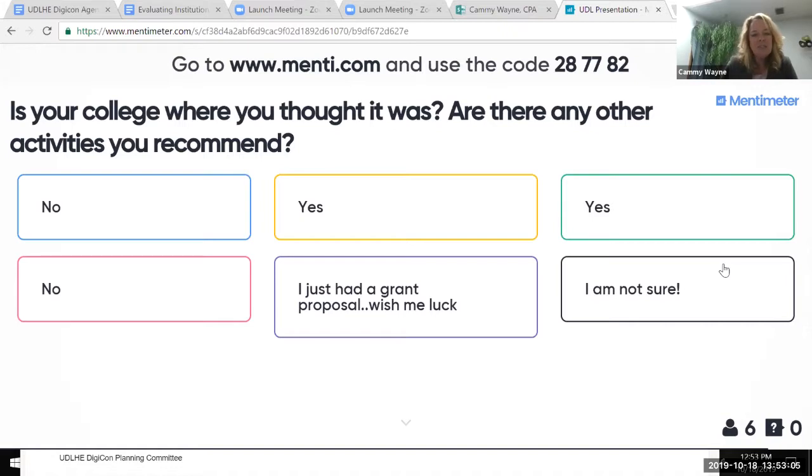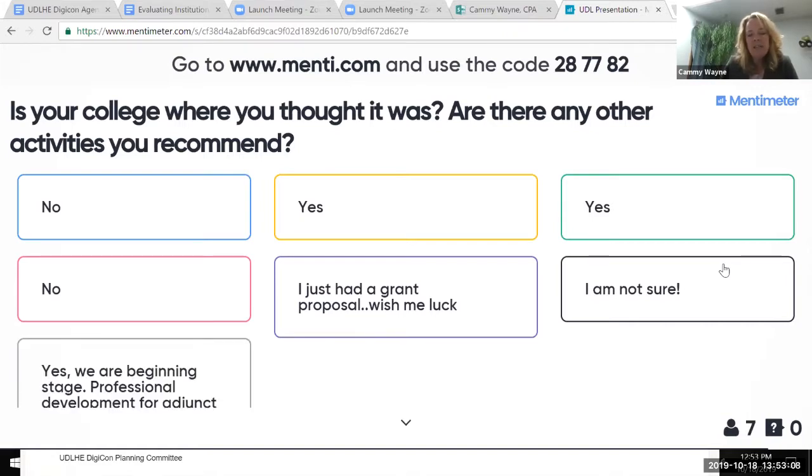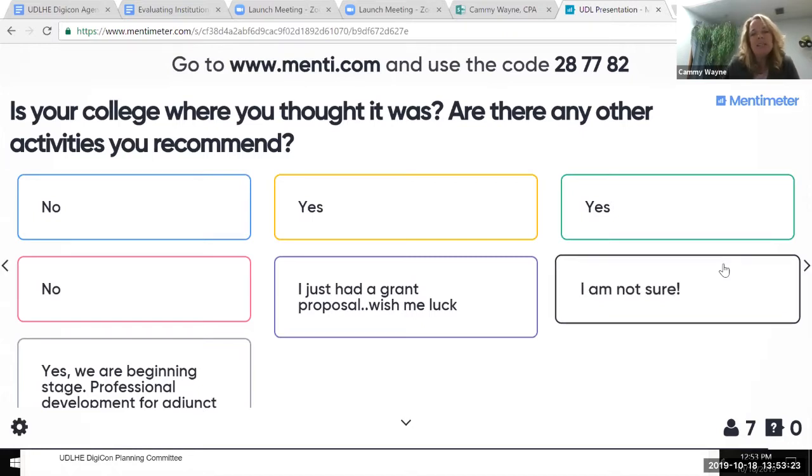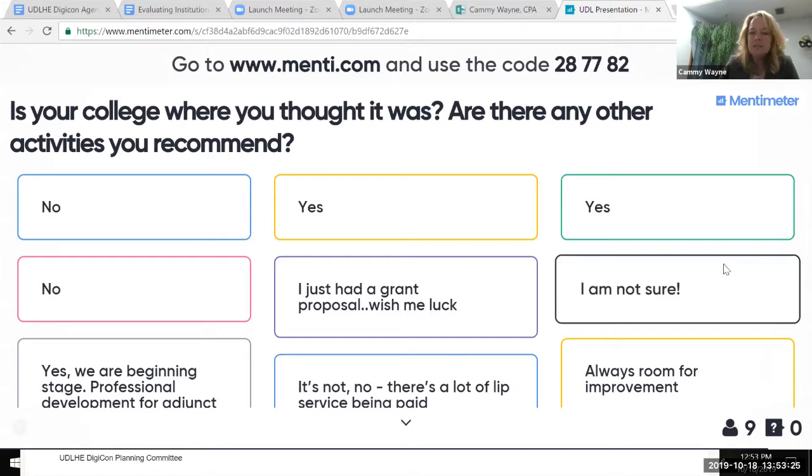So when you have a little additional time, look through that scorecard for additional ideas of what you can do at your college or individually, just to make sure that we keep progressing UDL.